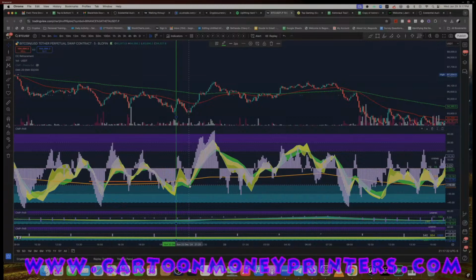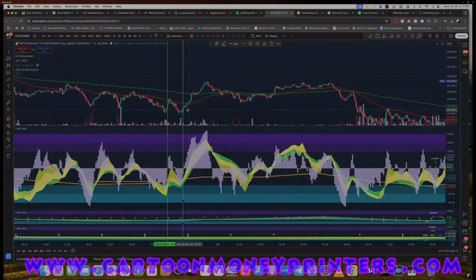You've got the bull div, and everything else was on point. So you take it as soon as the 5 minute and the ribbon start to go up. Right here is your bull div entry, and there we go. So now you just lowered your average. All right, so this is considered one entry.